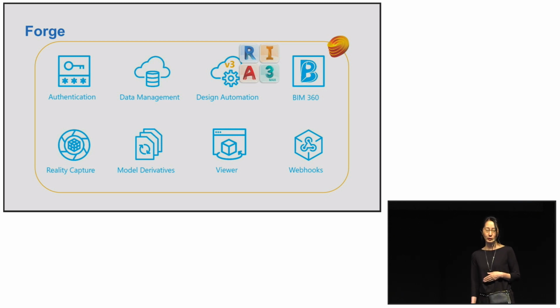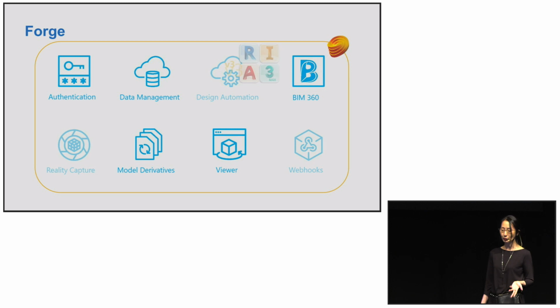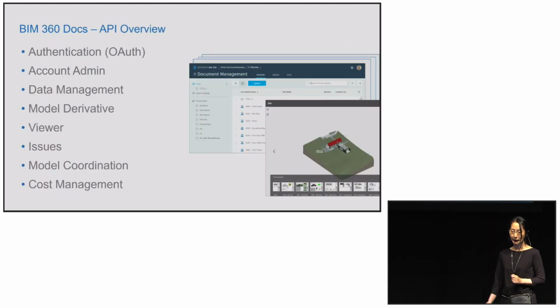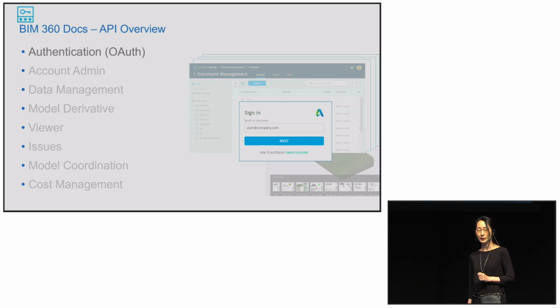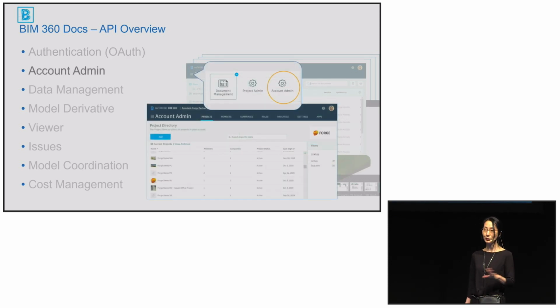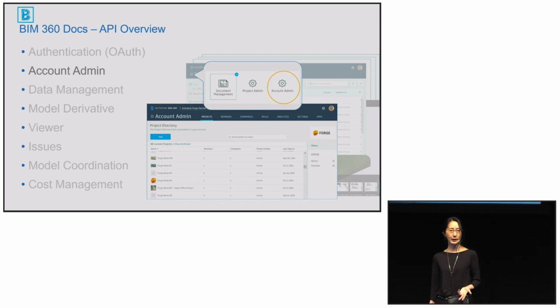And among those, BIM 360 uses these five components. For instance, the login is authentication. The account management API is part of BIM 360 because it is specific to BIM 360. Account admin is all about creating a project and adding users.